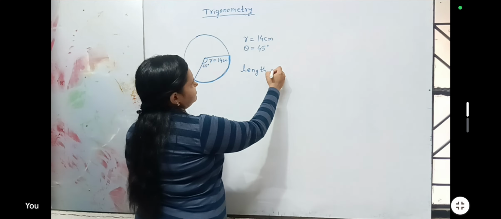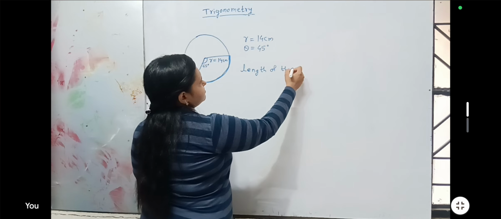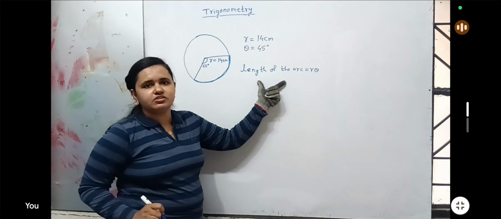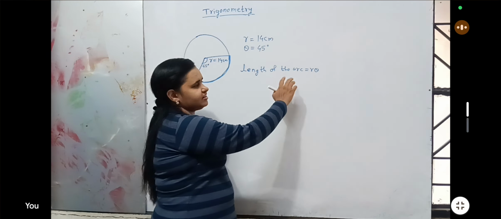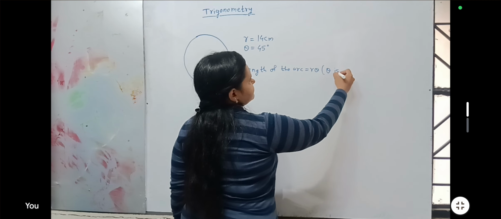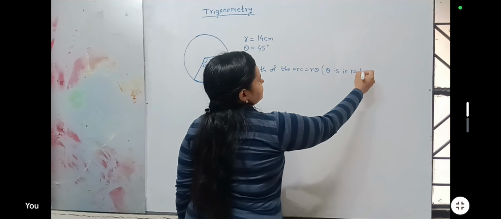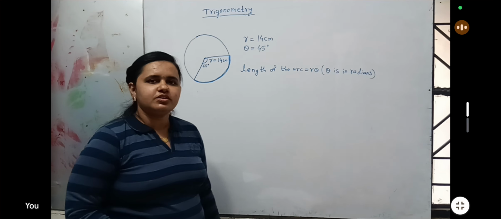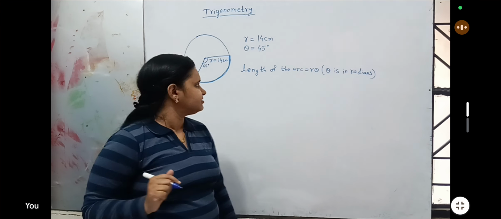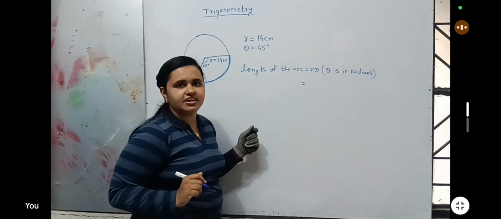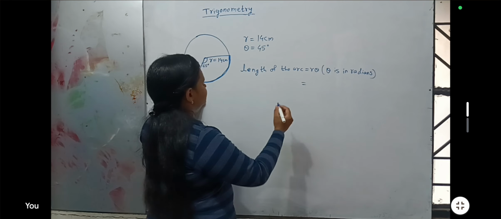The formula for the length of the arc is R theta, where theta is in radians. So first we have to convert theta into radians. We can directly convert it in the formula.